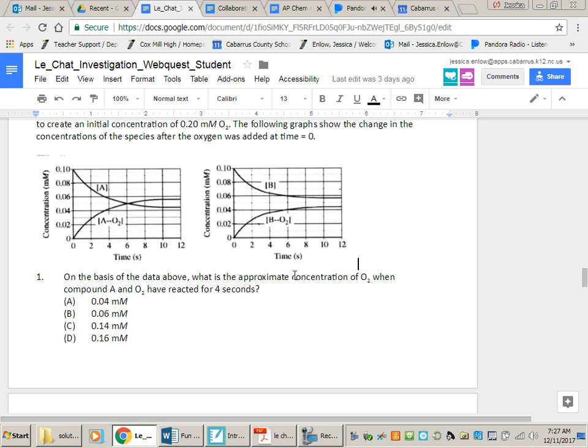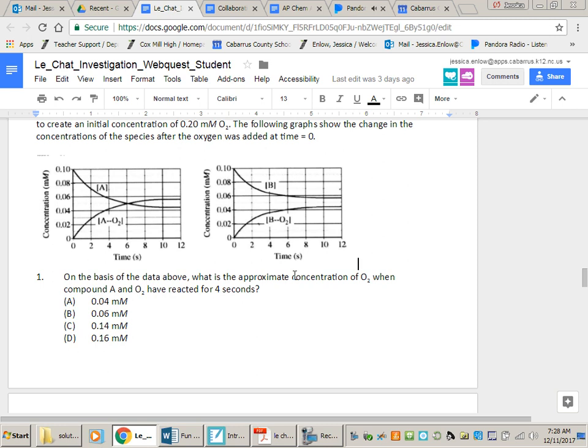Were you one of them? I just tried looking at the slope of the graphs. Which slope? Like which, A, B, AO, or BO? A and B. So if I look at rate of change, let's go to like 6 seconds maybe. So A went from 0.10 to about 0.05, right?